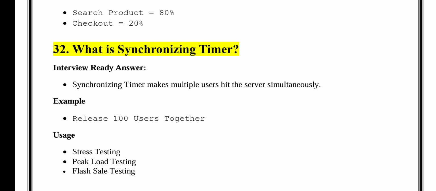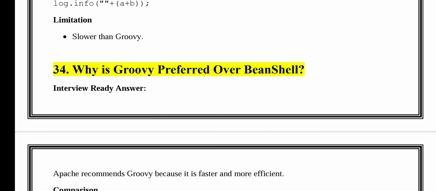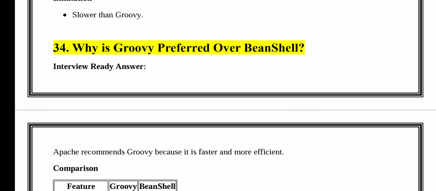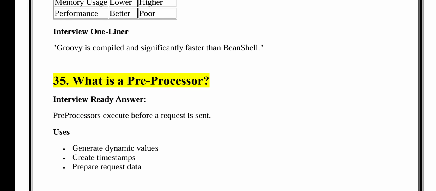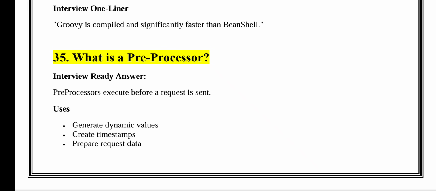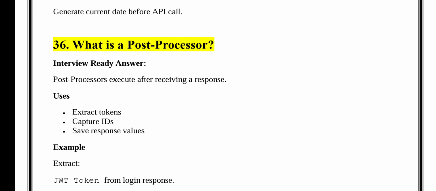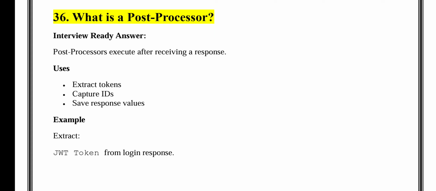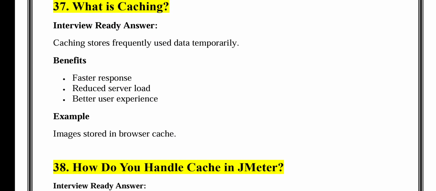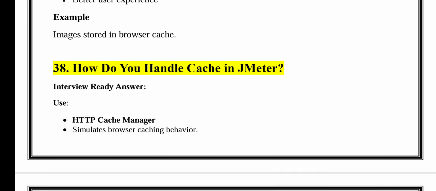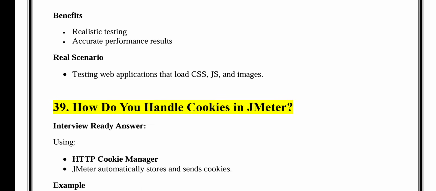What is synchronizing timer? What is BeanShell? Why is Groovy scripting preferred over BeanShell scripting? What is a preprocessor? What is a post processor? What is caching? How do you handle cache in JMeter?